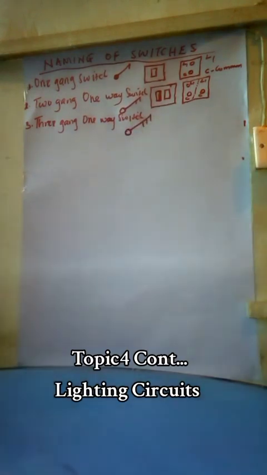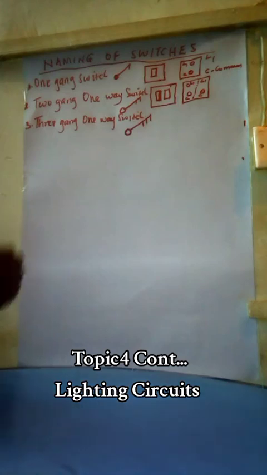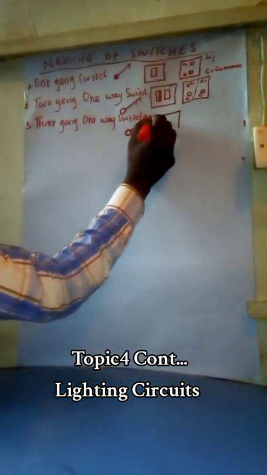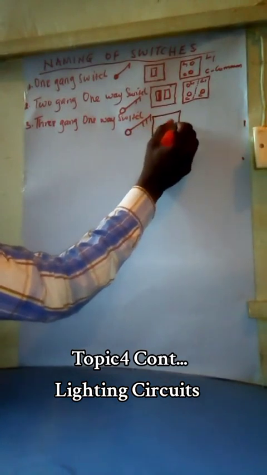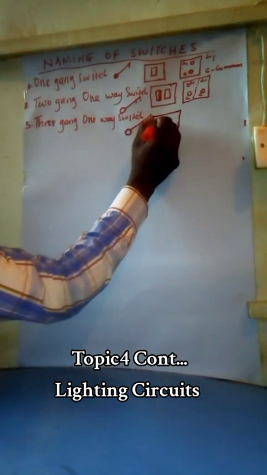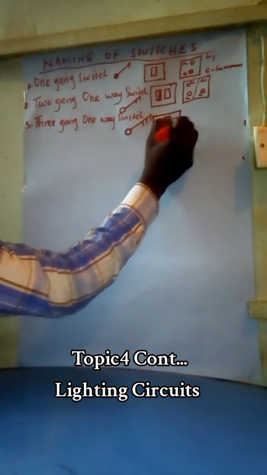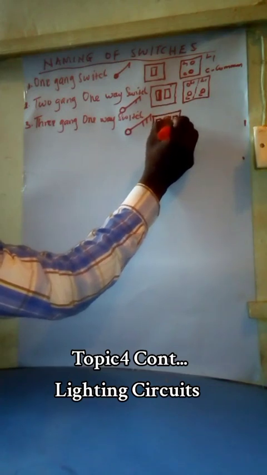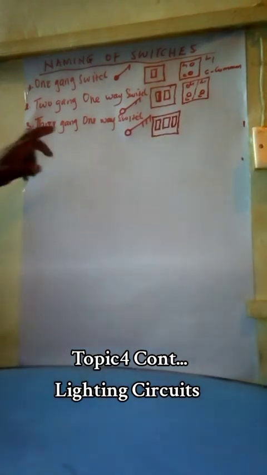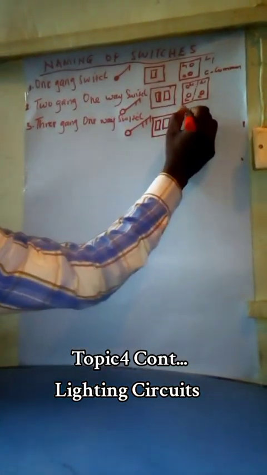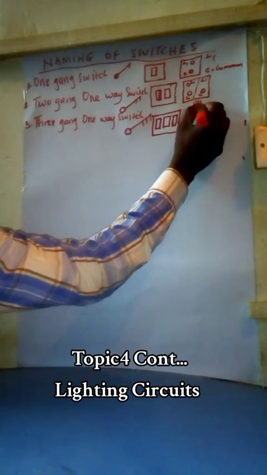So the buttons on the rocker are now 3. So it will appear this way. You have the first button or the rocker, second one, and the third one. That is 3-gang one-way switch. So if you turn the switch, then it will appear this way.